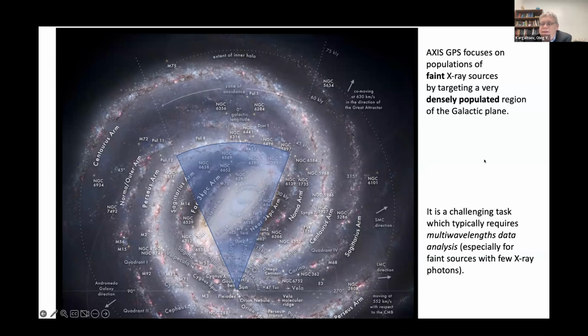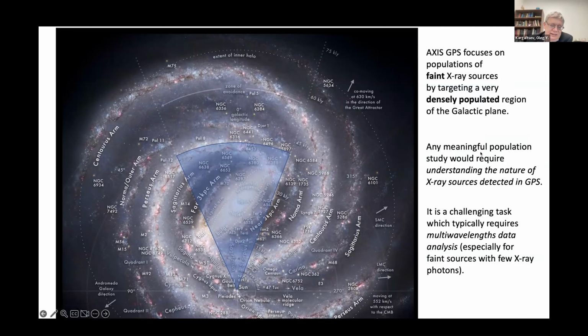So that means any meaningful study of the sources detected in the GPS, and one can think immediately about population studies, right? For example, we will discover many maybe quiescent X-ray binaries, faint cataclysmic variables, and so on.